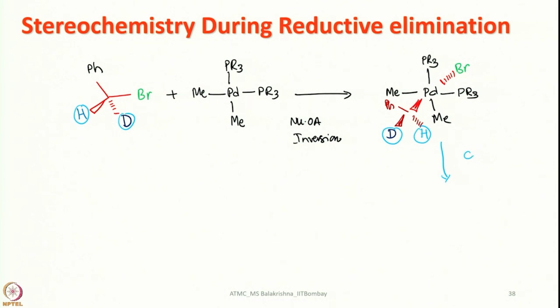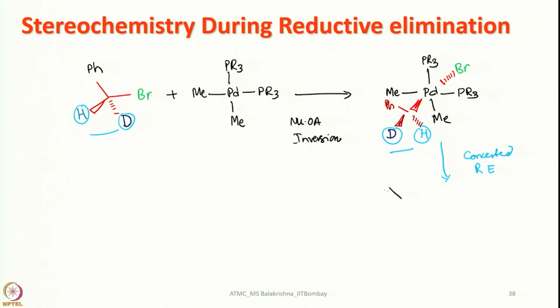Now we are talking about concerted reductive elimination. So now it should not change, already you can see the configuration has changed, inversion has already happened. Now this inversion is retained in the next step, that is during concerted reductive elimination.